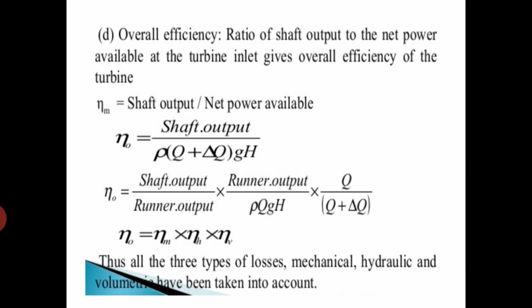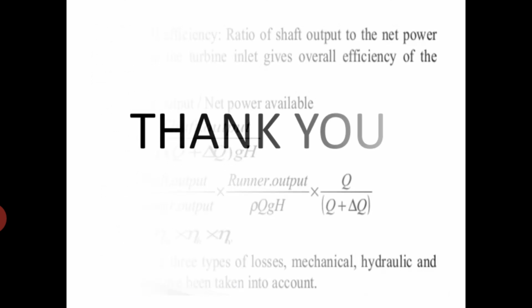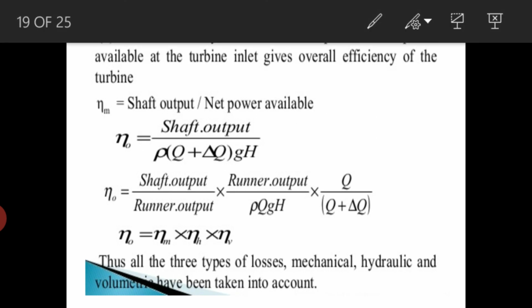In this equation, we have split it as shaft power by runner output, by water power, then the quantity of water actually striking to the quantity of water supplied at the turbine.